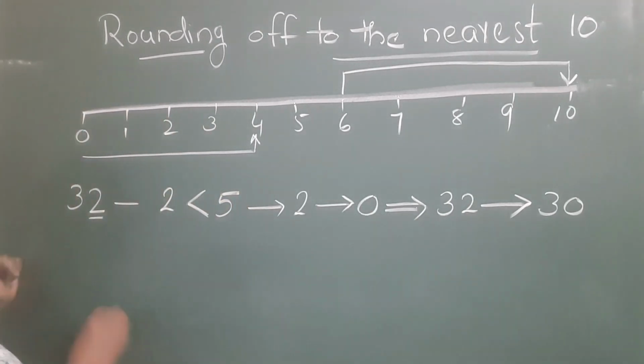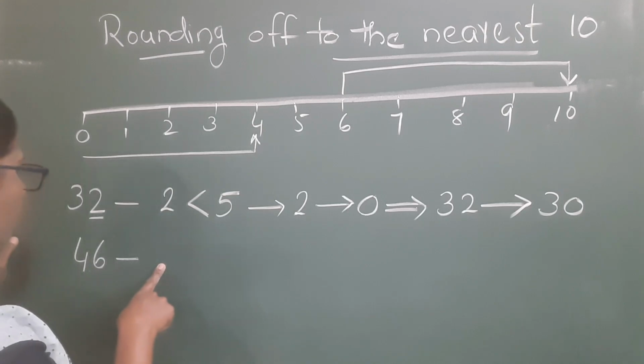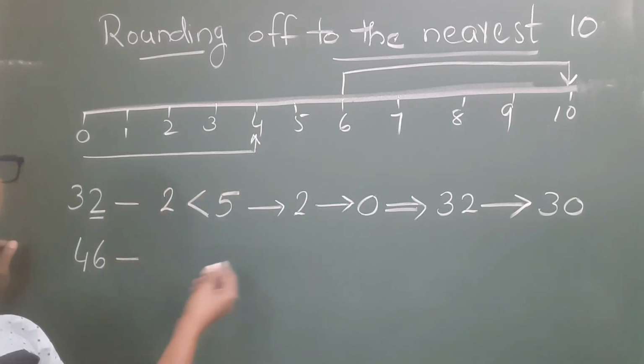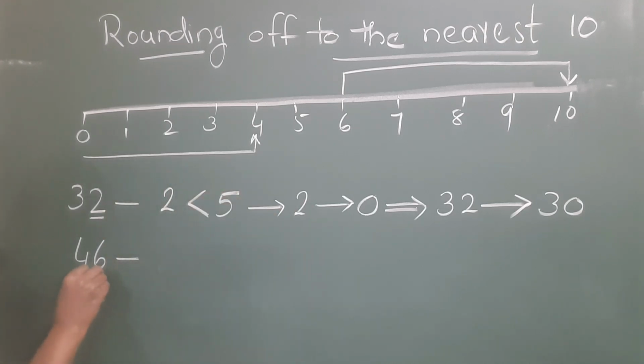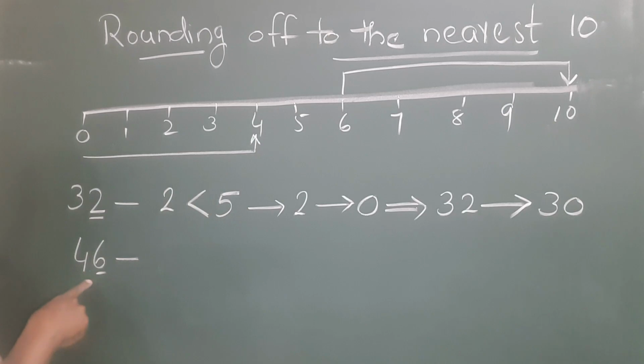Another example, 46. 46 we have to round off to the nearest 10. For that again we have to see the ones place. When you want to round off to the nearest 10, we have to see which digit is in the ones place.